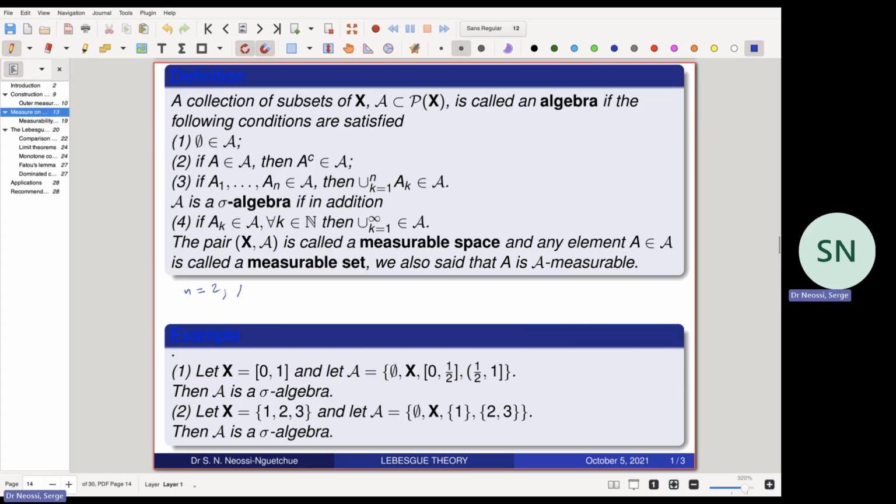So my A1 can be any of them. A1 can be, for instance, the empty set, and A2 can be X. If I take the union of the two, it's still X, and we know that this is in A. I can take any possible combination. I can take A1 equal to the singleton 1, and A2 to be the pair 2, 3.